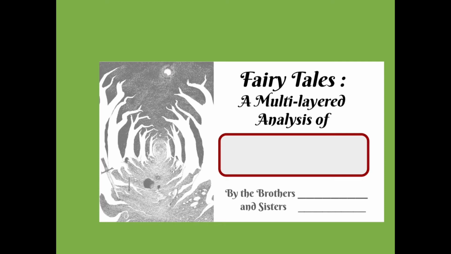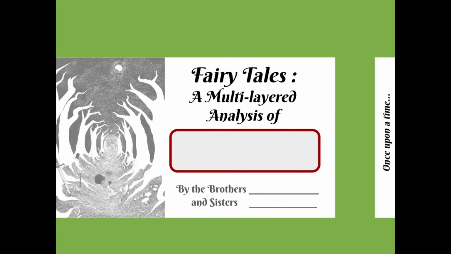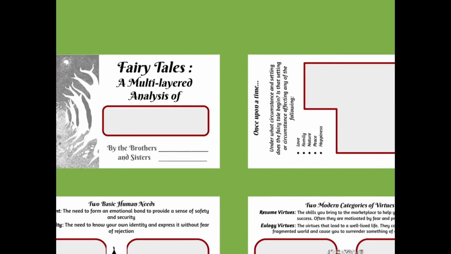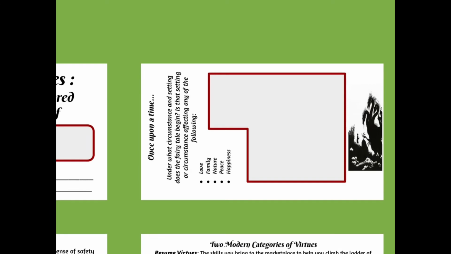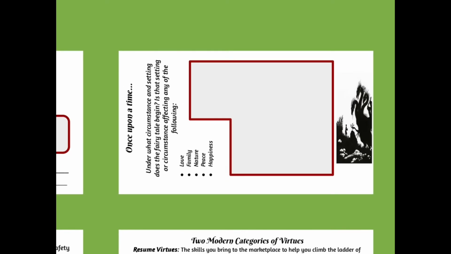That's up to you. What you're going to be working with, and I'll go through these in more detail as we get to each class, is a little slide like this in this particular video, but each slide is meant to be a different form of analysis. In this first one, what I'm asking you to do is identify under what circumstances and setting the fairy tale begins. Is the setting a circumstance affecting any of the following?